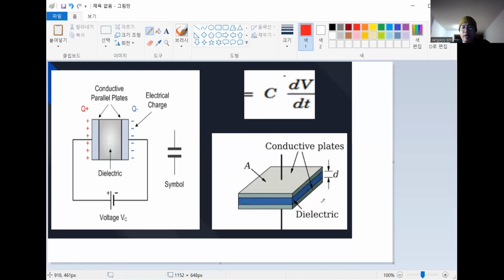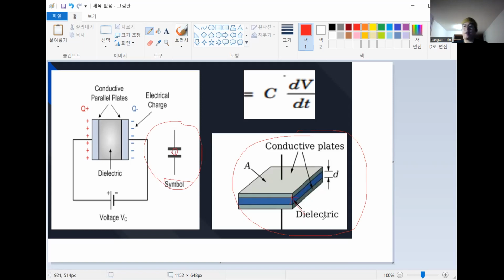So first of all, this part here, we say capacitor. This is the symbol. And this middle part, we say dielectric.